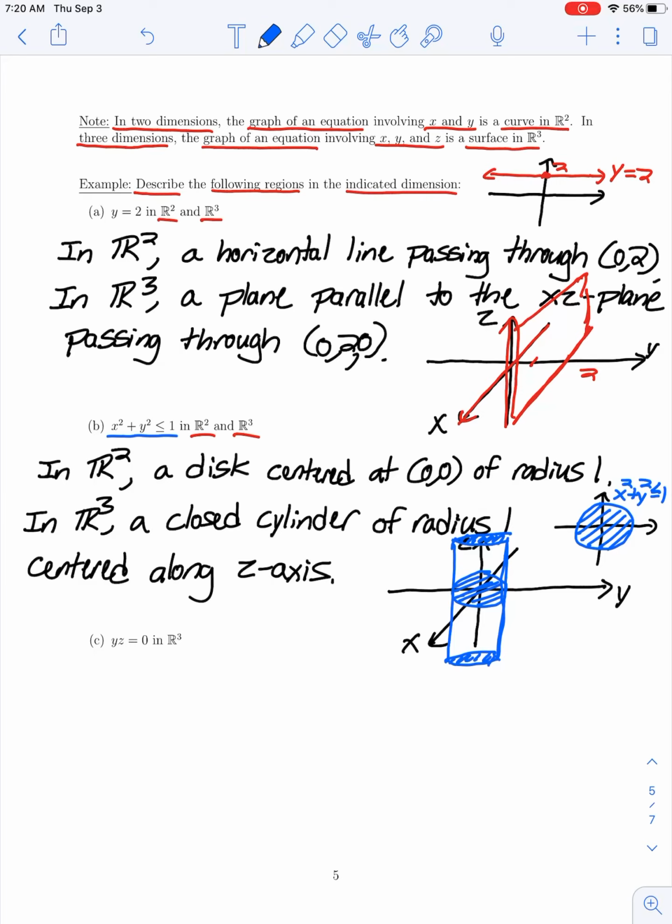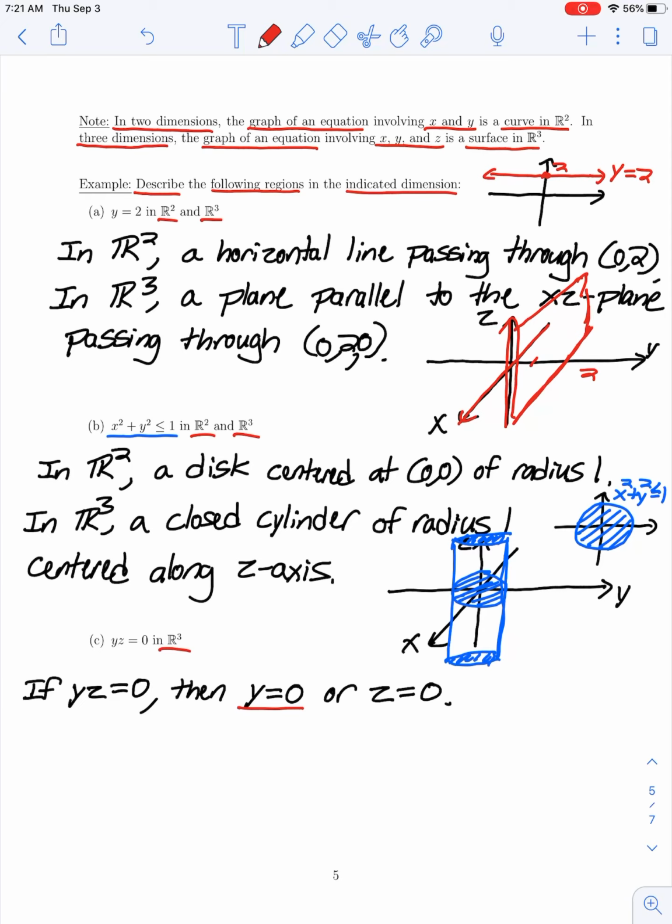We want to know what that represents in space, R3. Now looking at our equation, if y times z is equal to 0, then either y is equal to 0 or z is equal to 0. Now we had said from our discussion in part A, if we have a constant value of y, we're looking at a plane which is parallel to the xz plane, passing through a given value, in this case y equals 0.